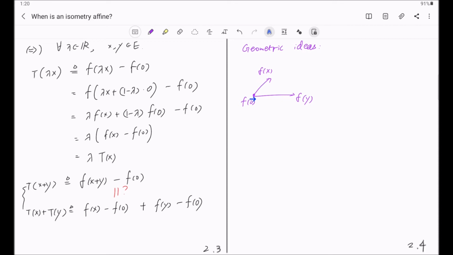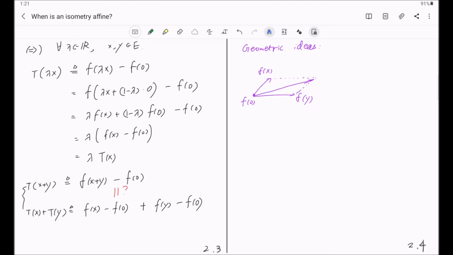So this vector plus this vector will be, in R2, this diagonal line in this parallelogram. And we want to show that this diagonal line is precisely this guy. Or in other words, this point is precisely f of x plus y.